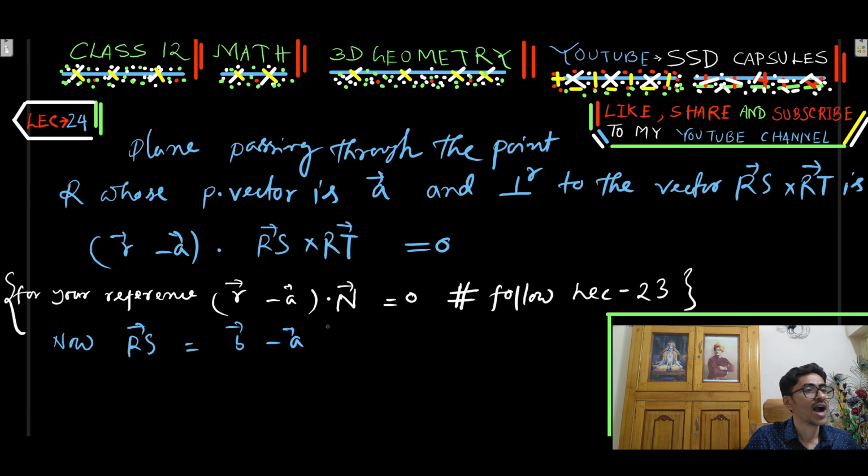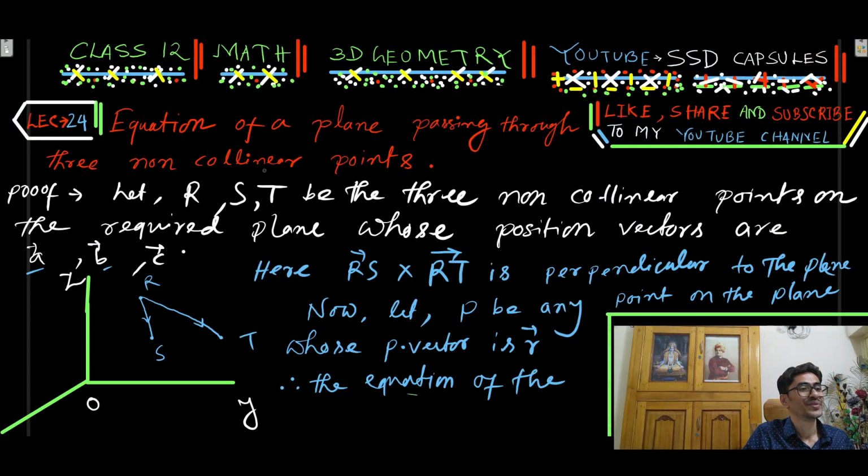Also RT vector means position vector of point T, that is C vector, minus position vector of point R, so A vector. Here I have used the triangle law of vectors. Okay, if we complete this triangle, you can get it easily.